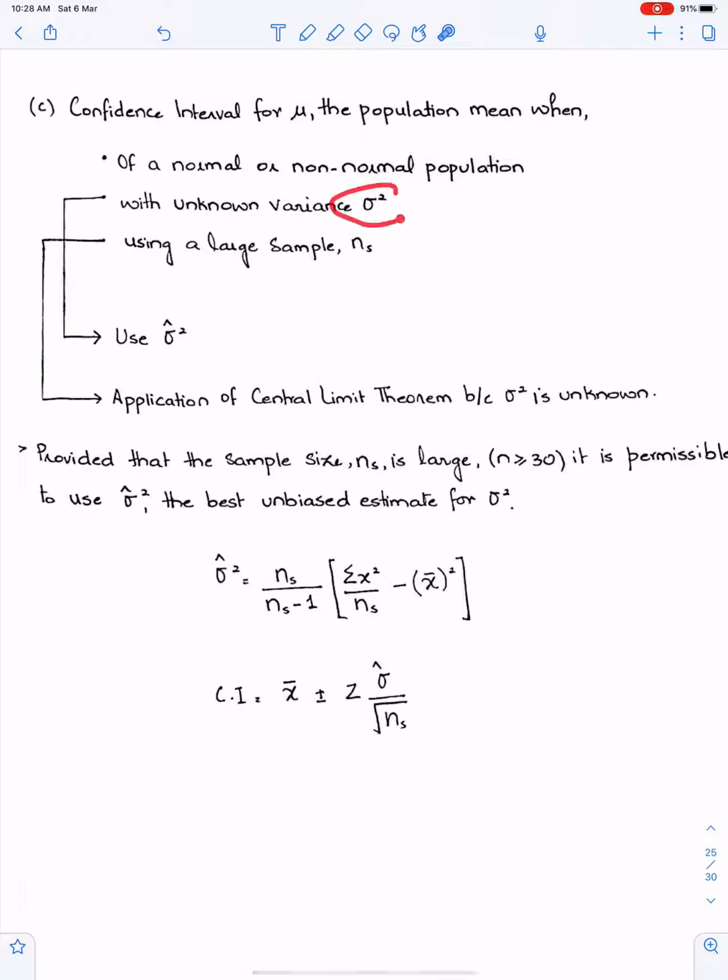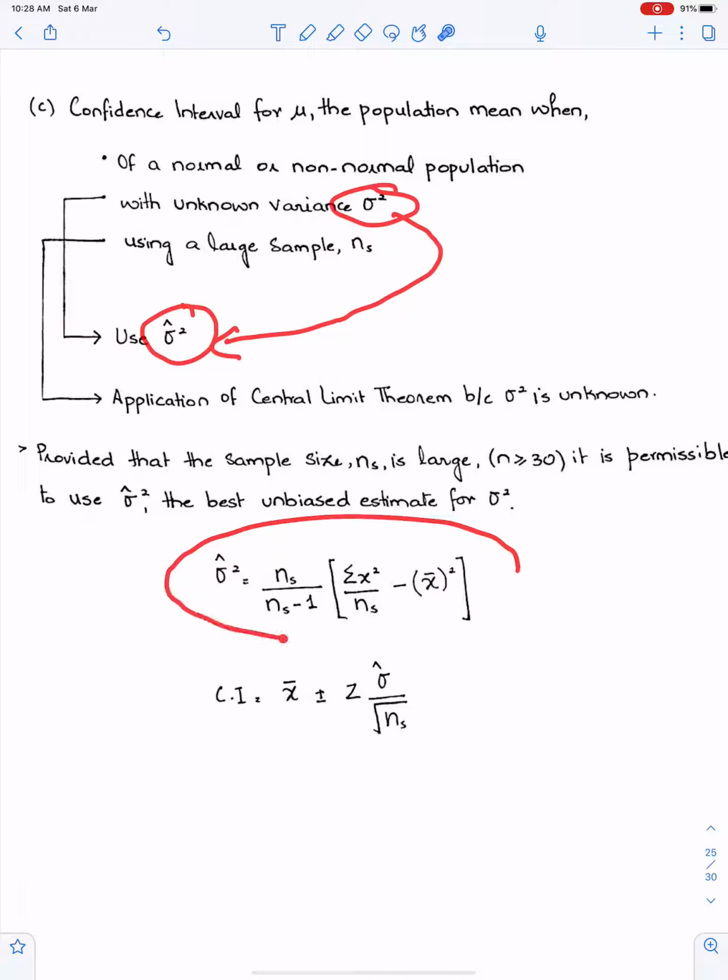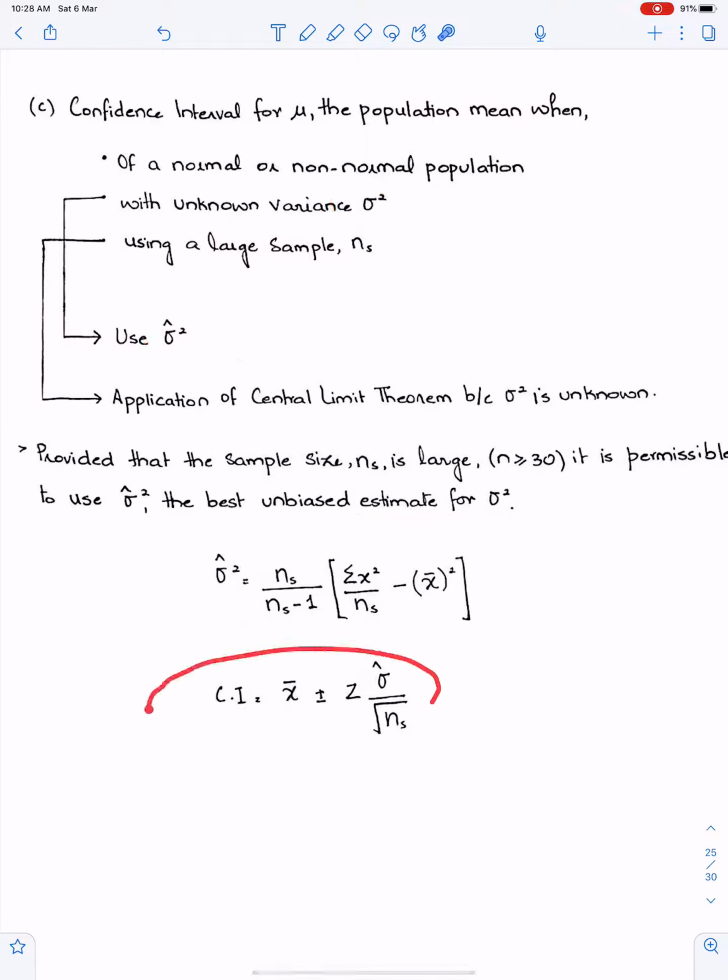Since sigma square is unknown, we will use sigma cap square. This is the formula of sigma cap square, and this is the formula of the confidence interval. It is the same formula which we used in the previous two cases: x bar plus minus z sigma over square root of n, but here we have to make just this change.